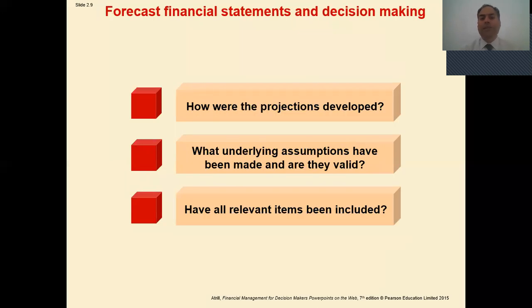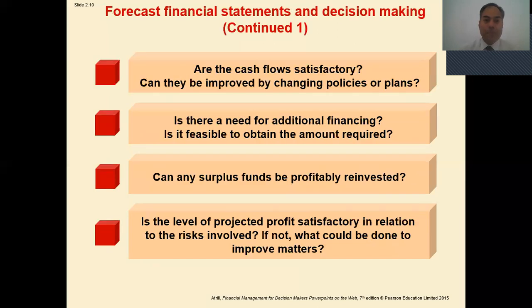Forecasting financial statements and decision making. So how were the projections developed? What underlying assumptions have been made and are they valid? And have all relevant items been included? So obviously when you make assumptions, all the assumptions do need to be tested and checked. Are the cash flows satisfactory?